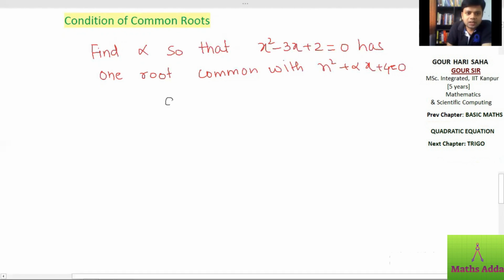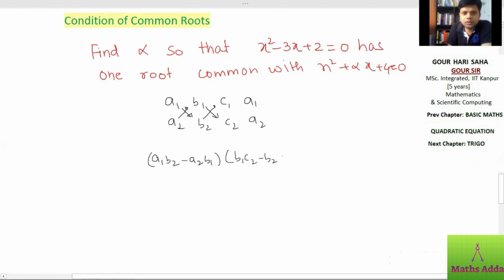I write like this one, a1 b1 c1 a1, then a2 b2 c2 a2, and then you remember cross multiply, that is (a1 b2 minus a2 b1) into (b1 c2 minus b2 c1) is equal to (c1 a2 minus c2 a1) whole square, right?